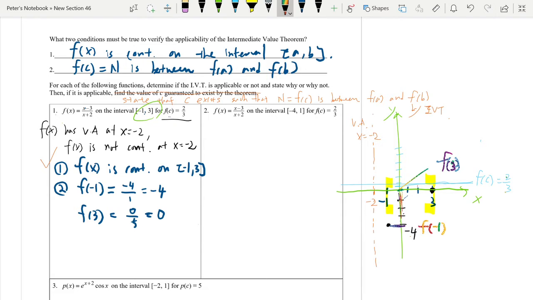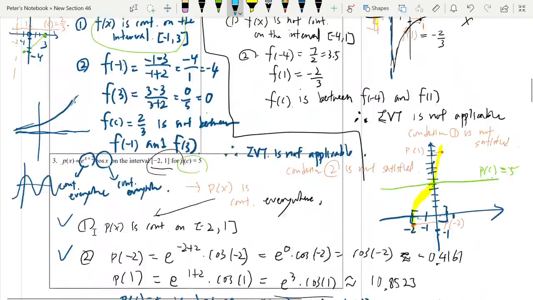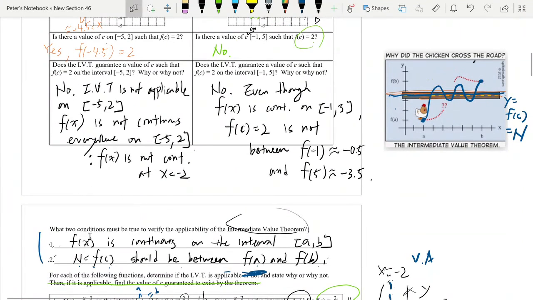So you know that when I want to go from this point to that point, remember the chicken analogy? If the chicken wants to go from that point to that point, it needs to cross this road at least once.